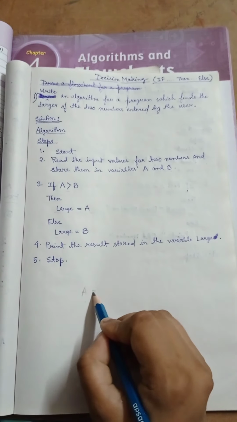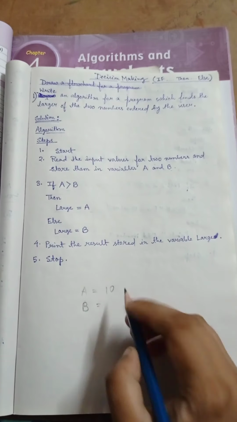Suppose a is equal to 10 and b is equal to 5.